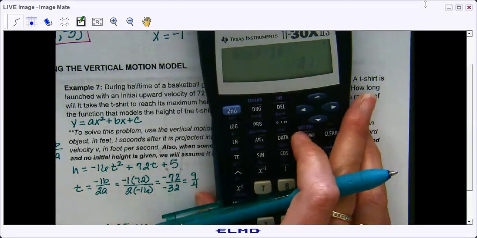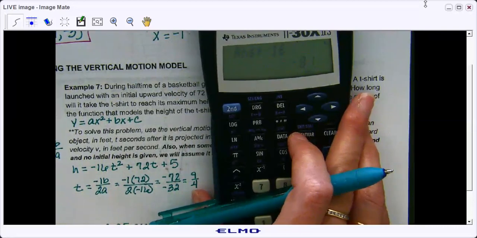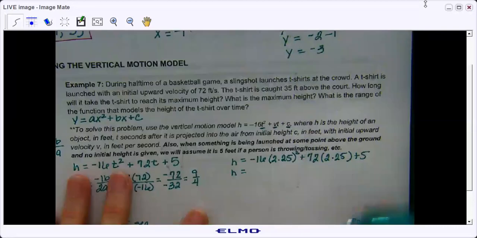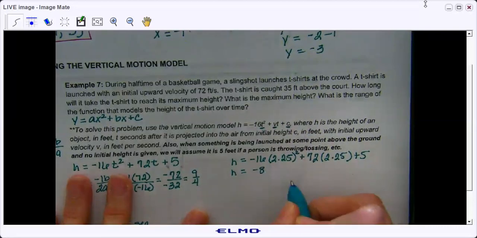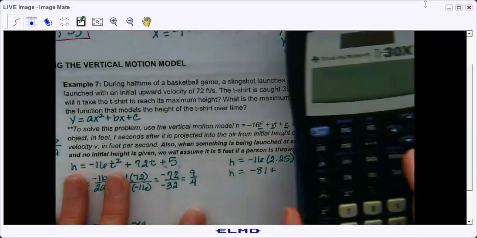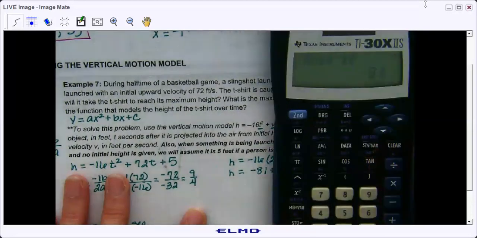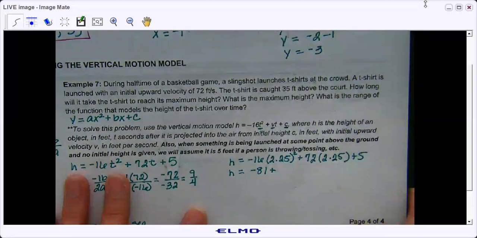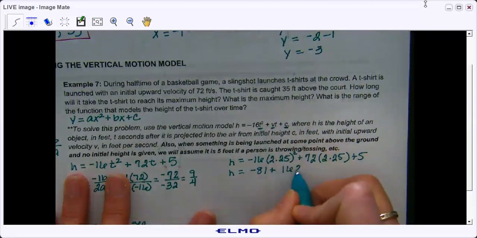What's 2.25 squared? It was like 5 point something. So I get -81 right here. And then I'm going to add that to 72 times 2.25, 162, plus 5.